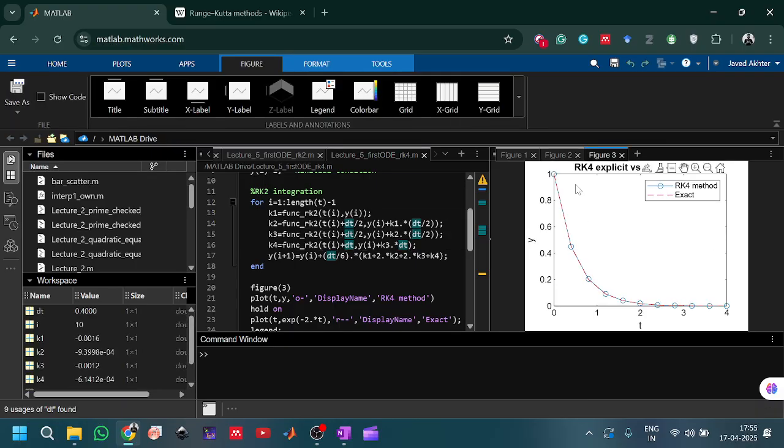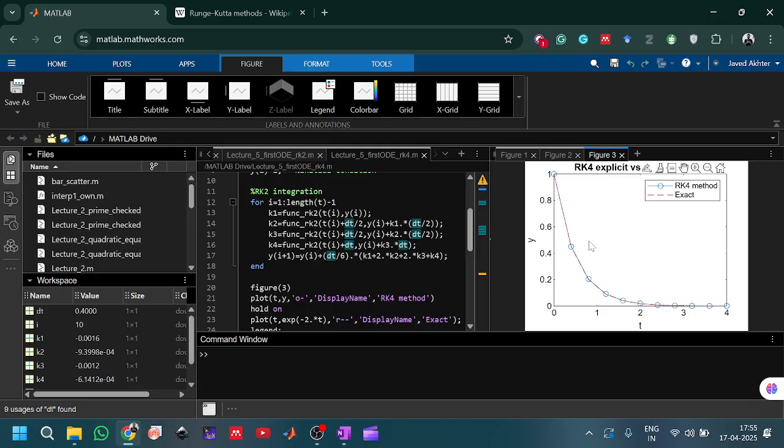Fine. You can see in Euler there is a deviation, with RK2 a little bit less deviation, but still there it is, and with RK4 it's almost exactly matching. So you have 11 data points. Even with a very small number of data points, RK4 gives you good accuracy.